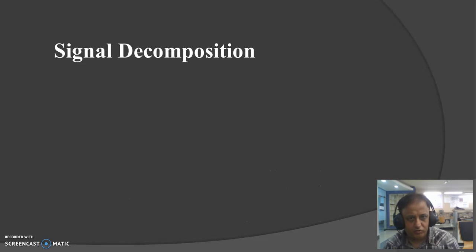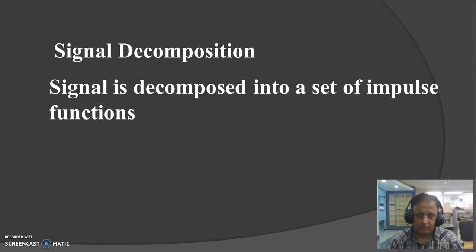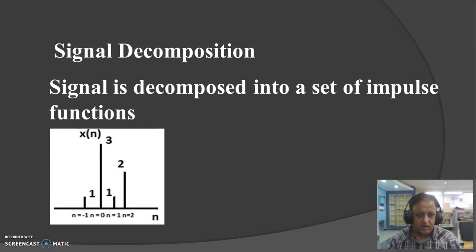Now before we actually go to what convolution is, we have to understand two things. First is signal decomposition. Every signal x of n can be decomposed into its components. Each component can be in terms of an impulse. For example, x of n, say it's from n equals -1 to n equals 2.